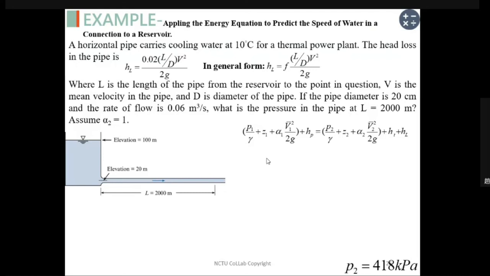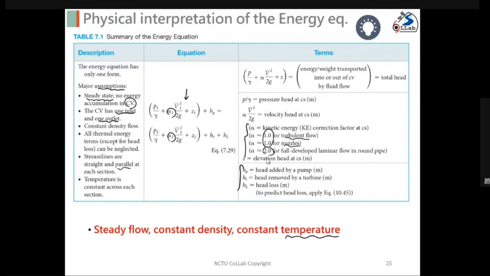Okay, so I think I went through the material too fast, so it's a little bit too complicated. But right now, just keep in mind the energy equation shown in the table here, and there are many assumptions you need to understand.